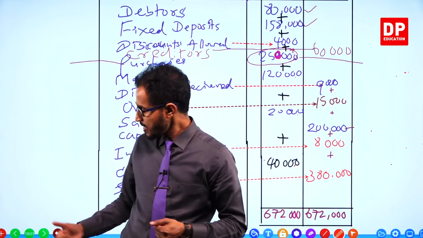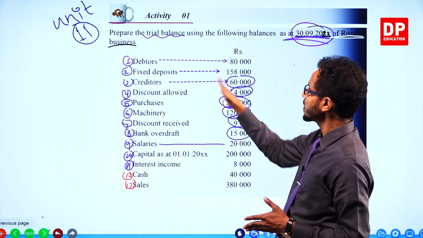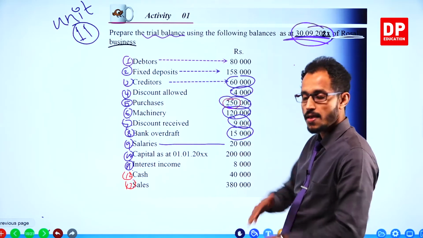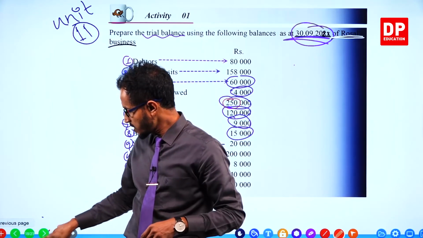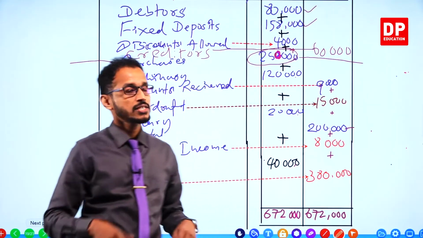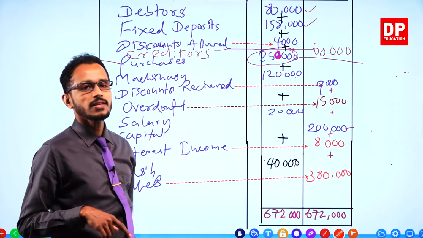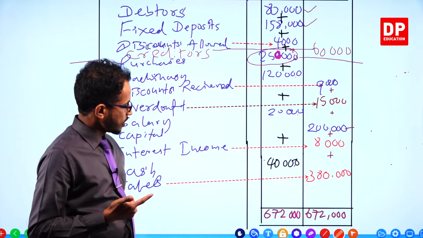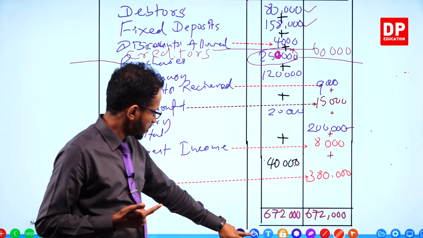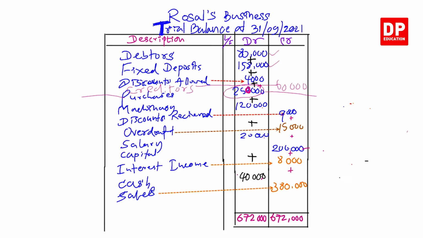That is better than preparing the trial balance correctly and balancing it at once. We made a few mistakes and we traced the mistakes and corrected. So in the end, we balanced the trial balance. This is your balanced trial balance. All right.